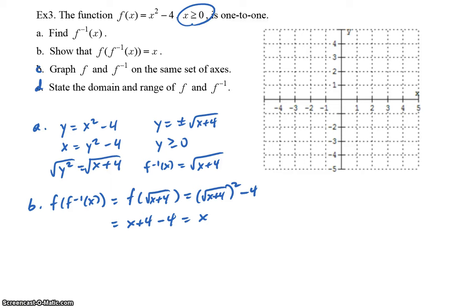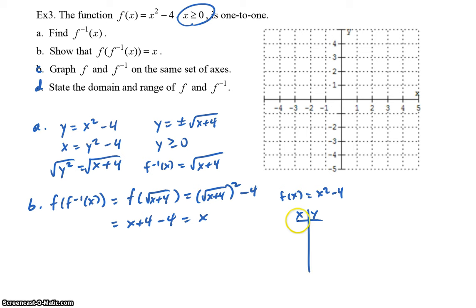Part C says to graph f and f inverse on the same set of axes. For this, I'm going to make a couple of tables of solutions. First, for f of x equals x squared minus 4, where x is greater than or equal to 0, I'll make a little table of x's and y's. I'm going to choose 4 points, and I have to choose my x's greater than or equal to 0 so that the function will be 1 to 1.